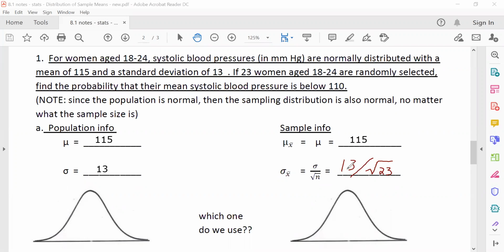So we can do square root of 23 divided into 13. That's what I'm doing right now. You're going to get about 2.71.